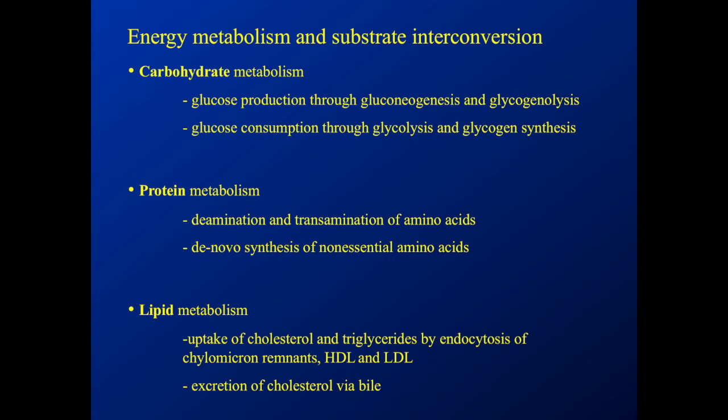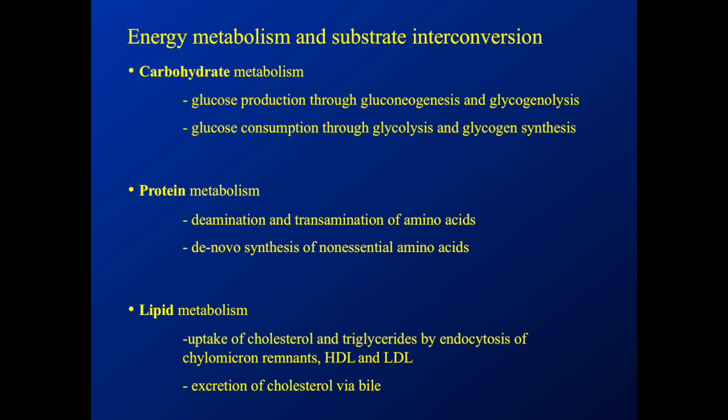It's the main organ that modulates blood glucose, and that's because it can make it through gluconeogenesis or from the breakdown of glycogen. But it can also consume glucose and break glucose down into pyruvate and lactate, and it can also create glycogen from glucose as well. It also metabolizes a lot of proteins.